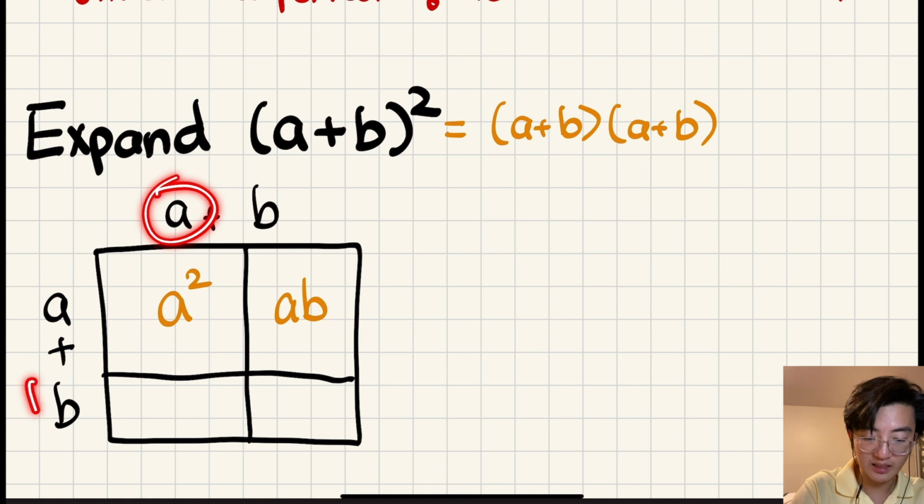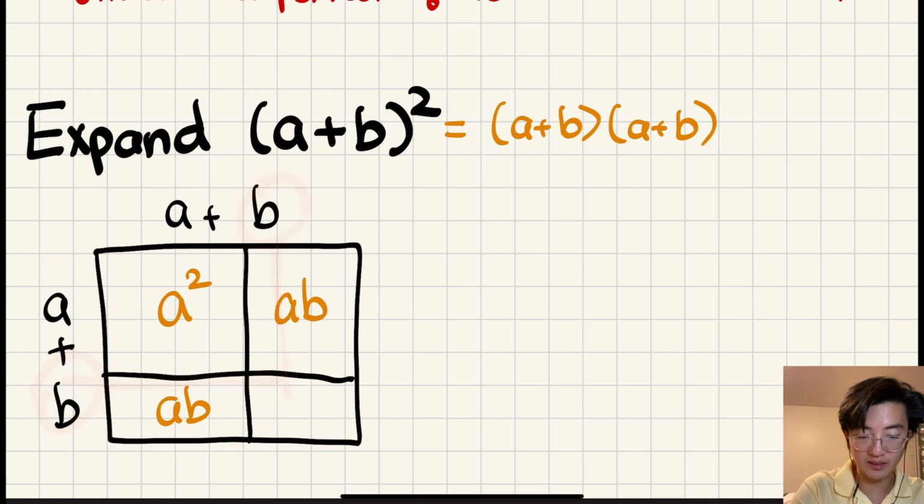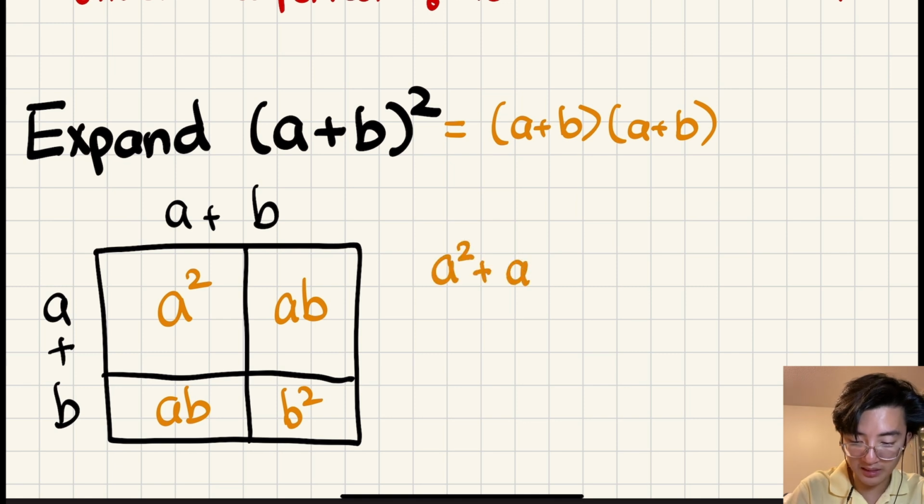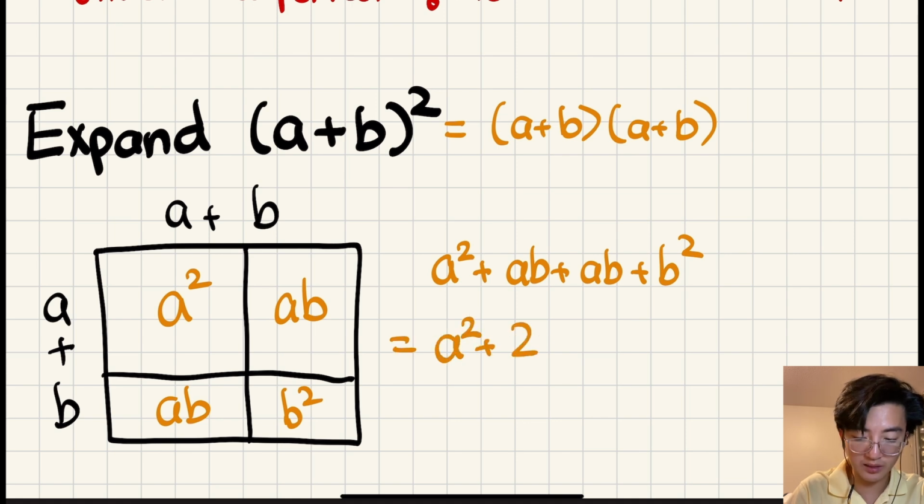Same thing right here: a times b in this tile, we get ab. And lastly, b times b in this tile, we get b squared. So a plus b times a plus b is a squared plus ab plus ab plus b squared, getting us a squared plus 2ab plus b squared.